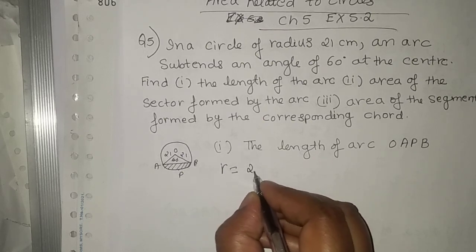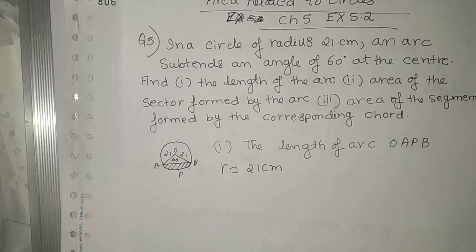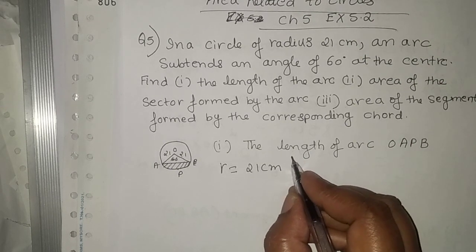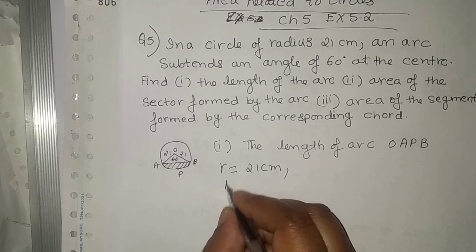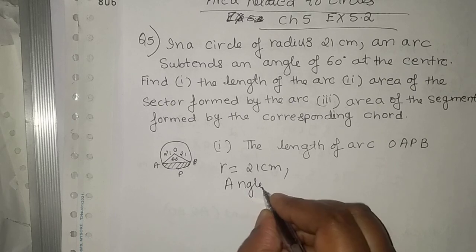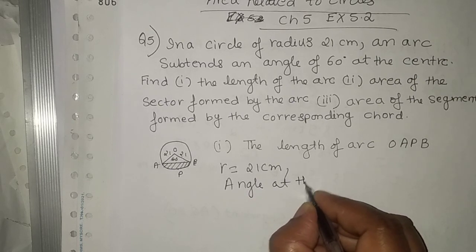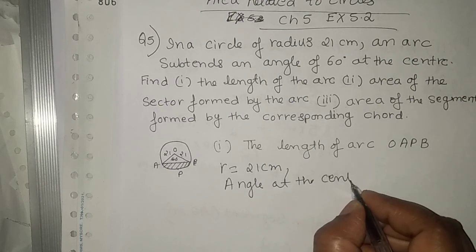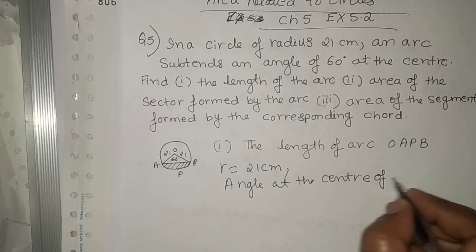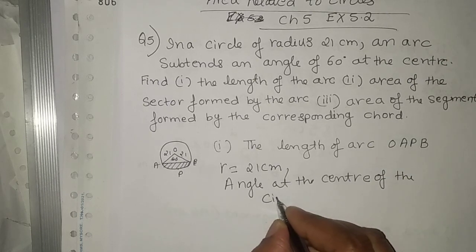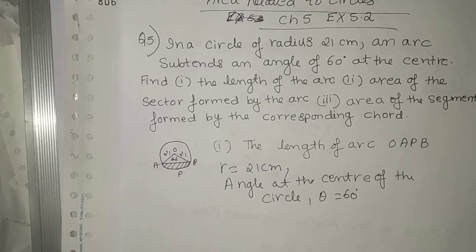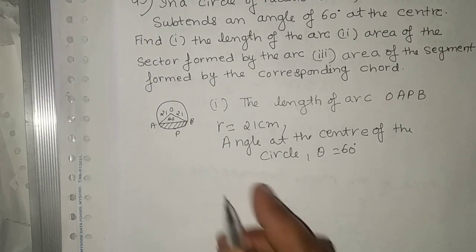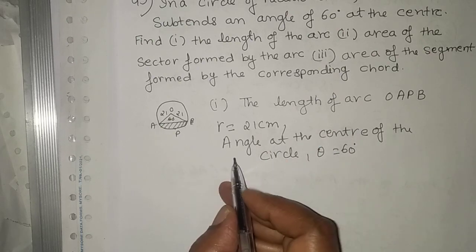Radius is given as 21 centimeters, and what is the angle at the center of the circle? Theta is given as 60 degrees. Next, we have to first find out the length of the arc OAPB.